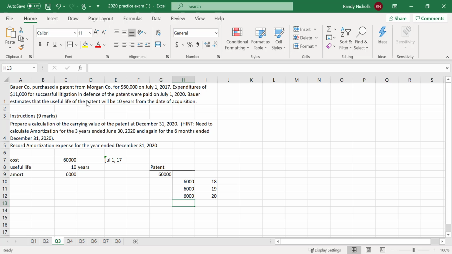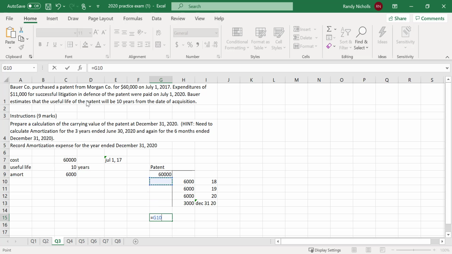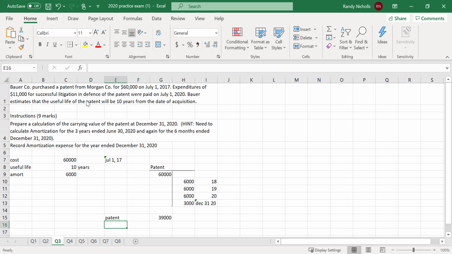So far, so good. And then if I'm going to December 31, I need another $3,000, right? Half a year. So the original patent value, but then I spent $11,000 on successful litigation of a patent on July 1, 2020.